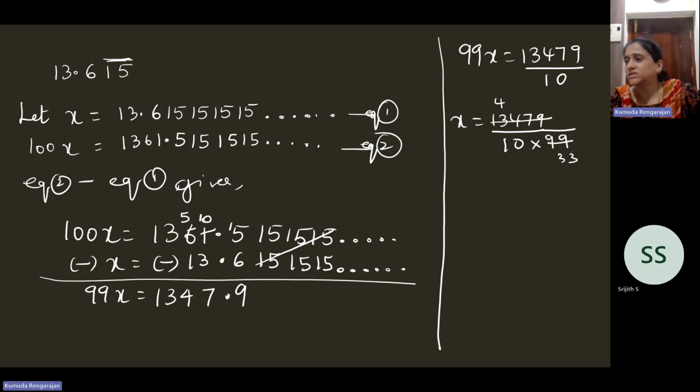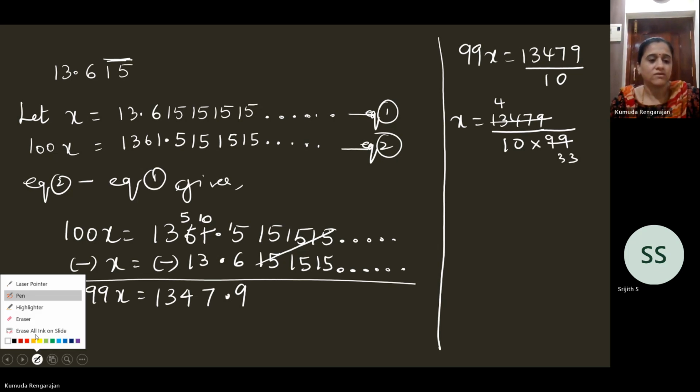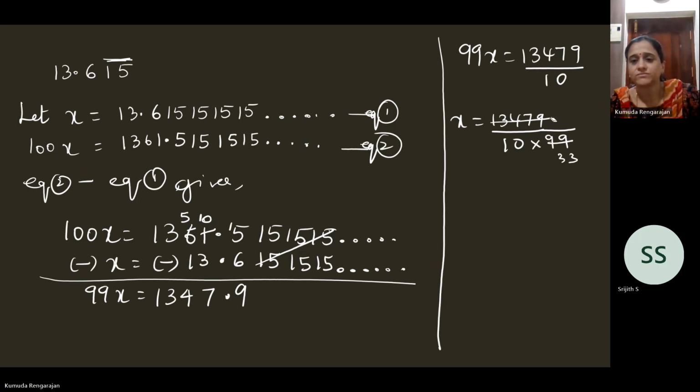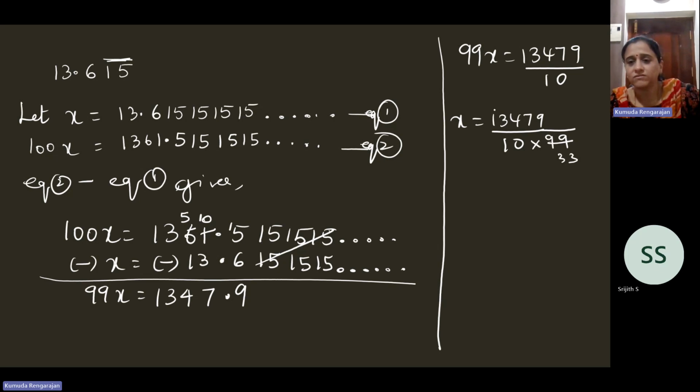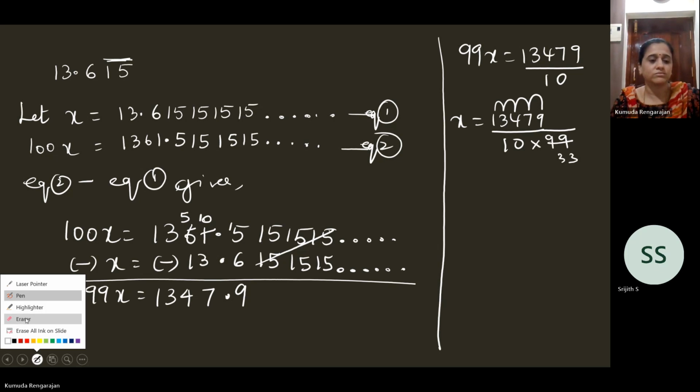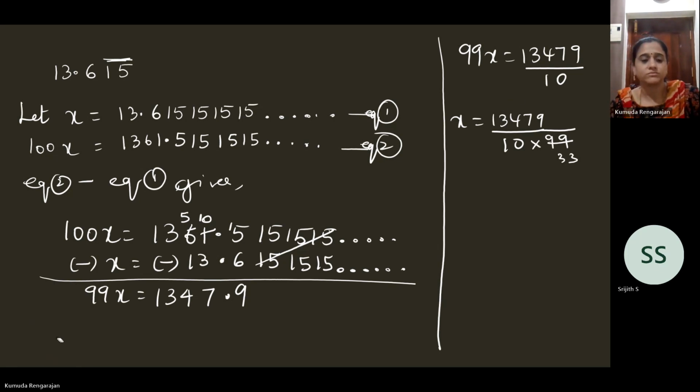How did you check? Using the test of divisibility. 1 plus 3, see here. Find the sum of the digits. 1 plus 3, 4, 4 plus 4, 8, 8 plus 7, 15, 15 plus 9, 24. 24 is divisible by 3.